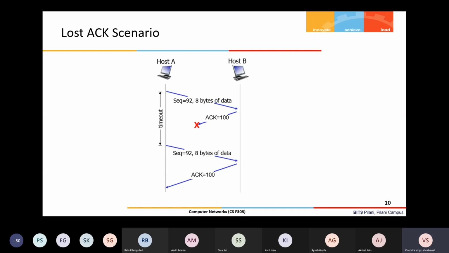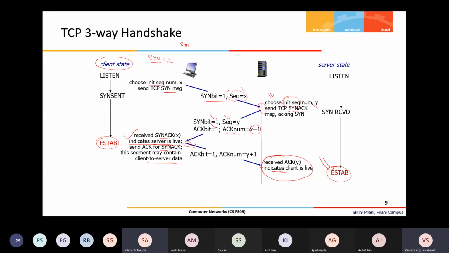Excuse me, sir. In the previous slide, what if the third message is lost? If the third message is lost, then according to this, the connection will not be established, right? So what happens? The server will send the SYN-ACK again after a timeout because it is waiting for the acknowledgement.